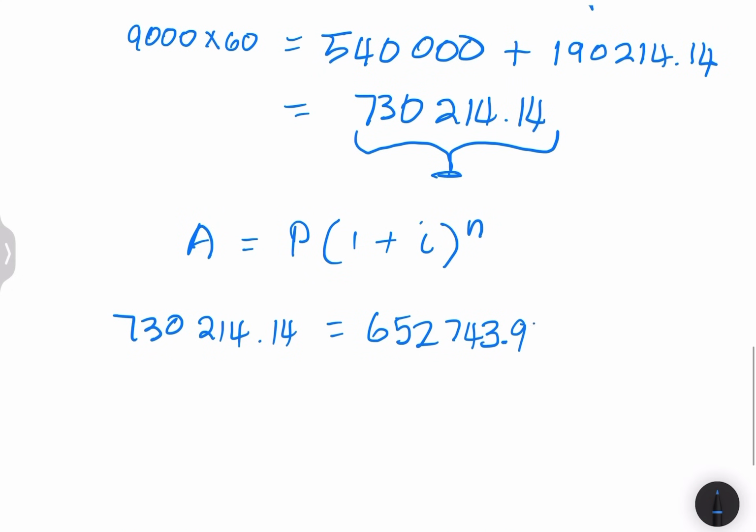I remember that there were some cents there. And in this case, that would be 1 plus the interest rate. Remember, they said it remains the same.